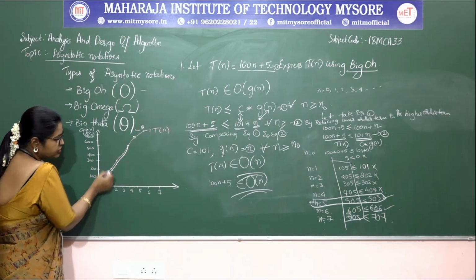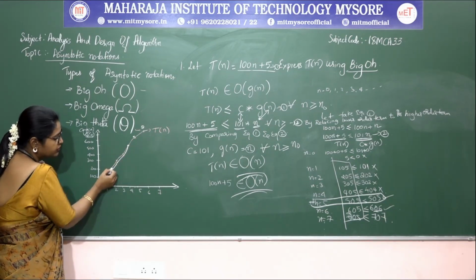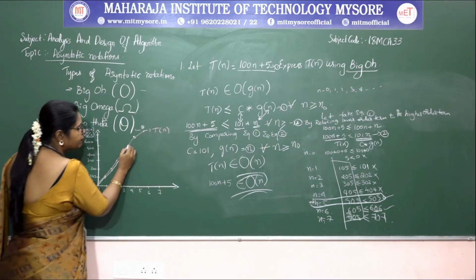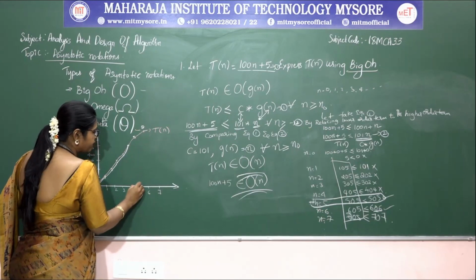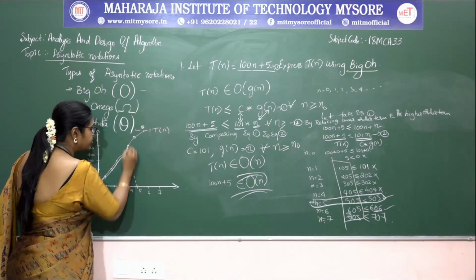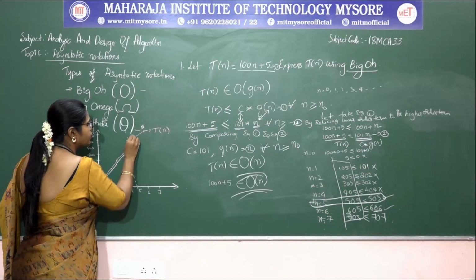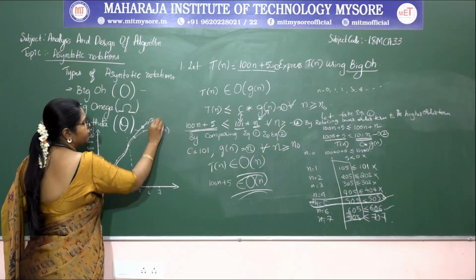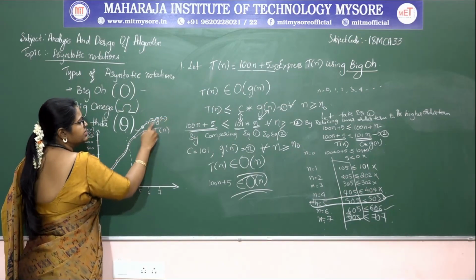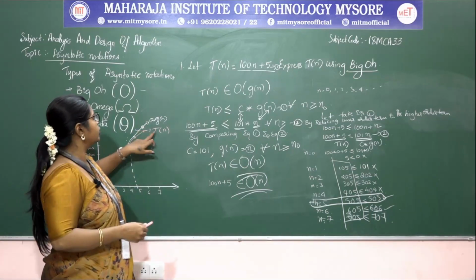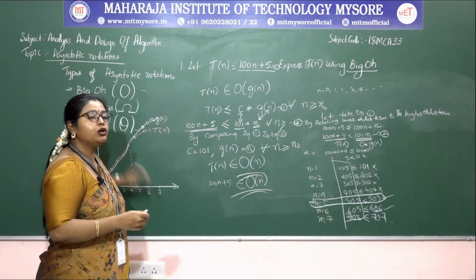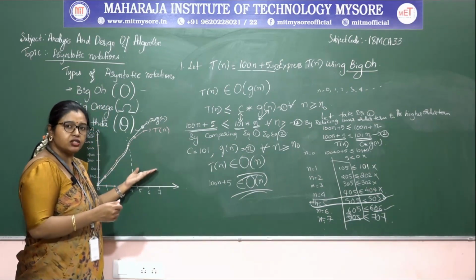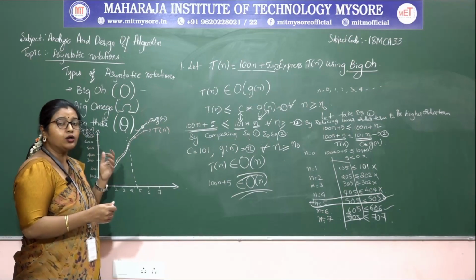Up to this absolute point, your curve T of n is above C into G of n. Once it reaches 5, after this 5, the curve C into G of n will grow on top, so C into G of n will be the upper one, above T of n. Therefore, in order to represent the upper bound of your algorithm, we make use of big O notation.